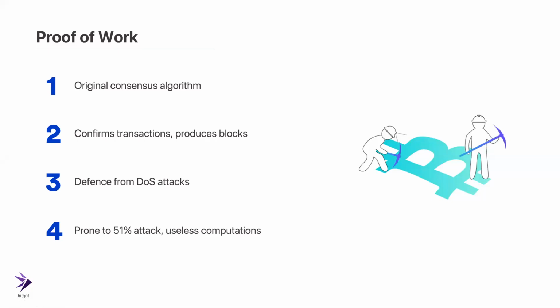The calculations are also done one time, so you cannot reuse your computations from earlier calculations. Every time there is a new calculation to be made, and this cannot be reduced in any case. That is what makes the system prone to the 51% attack, but doing it in reality is kind of pointless.